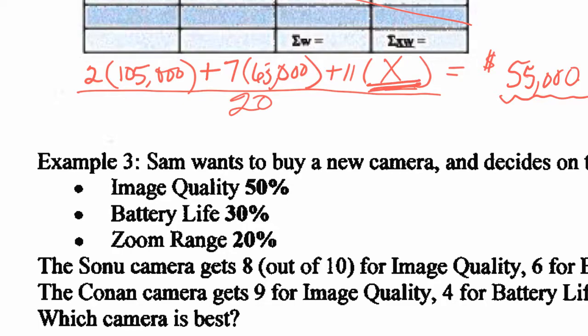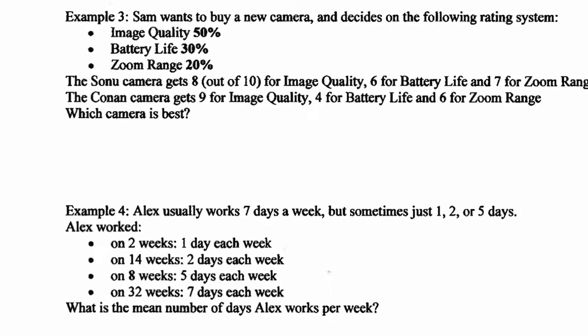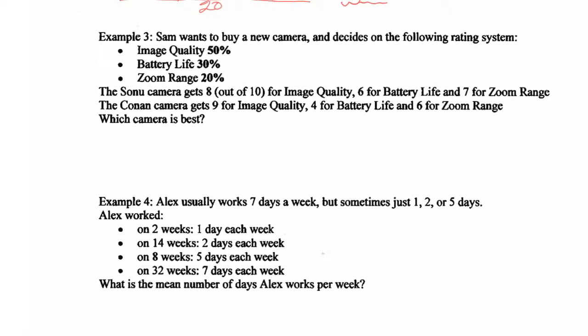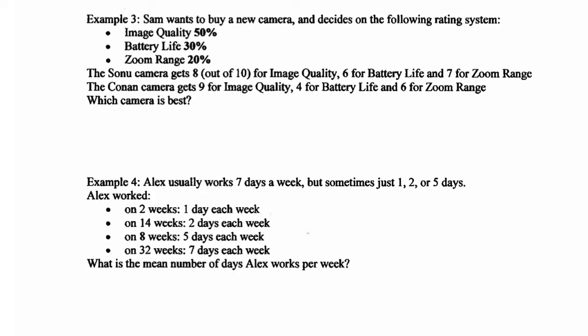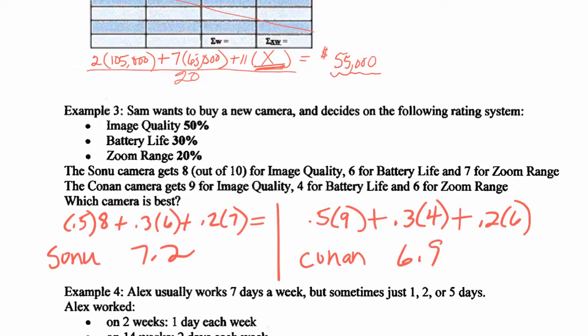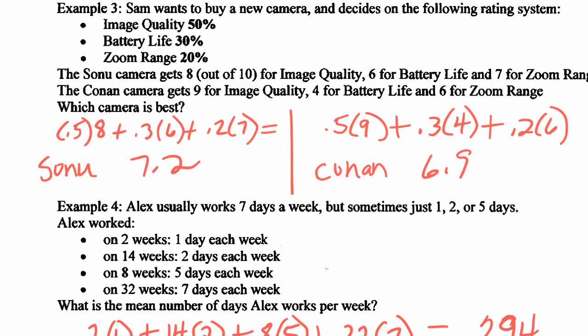Okay? All right, so what I want to do is have you work on these two problems, example 3 and example 4. So we did the 2 different cameras. This threw me off at first when I did this one. I was like, okay, 8 out of 10. So I ended up just going ahead and making it times 8 and then times 6.